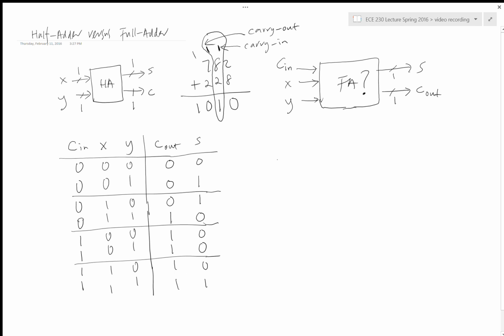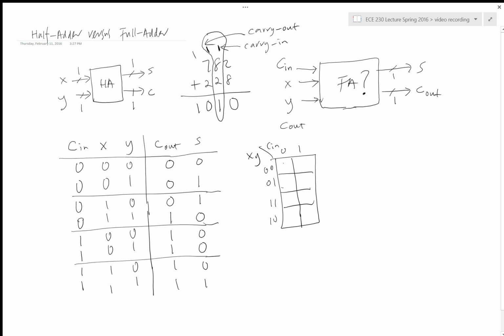So with this, what you could do is put it in a K-map. Let's say this is the C out, with C in, X and Y. You have to pay attention. We treated C in as the most significant bit, because it's on the most left side of our truth table.